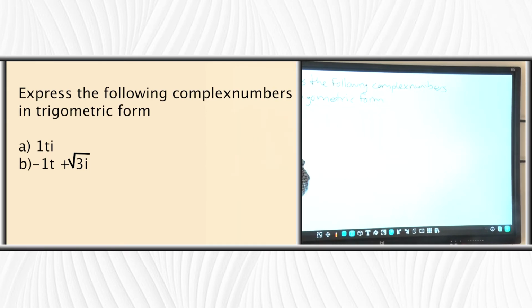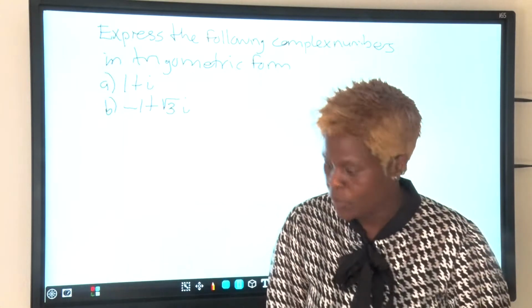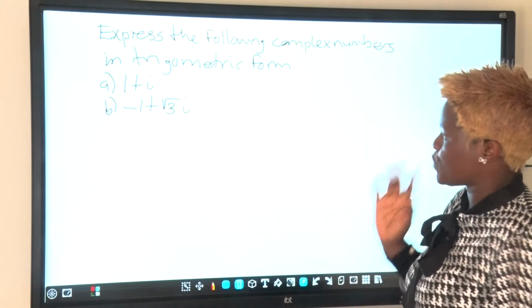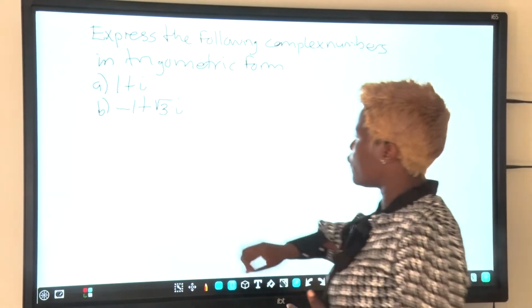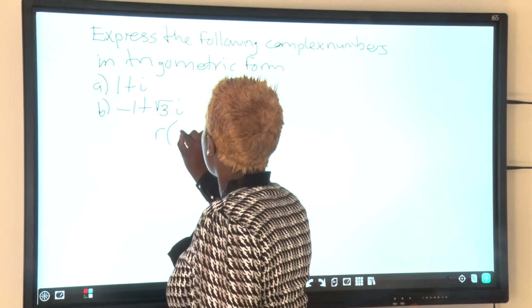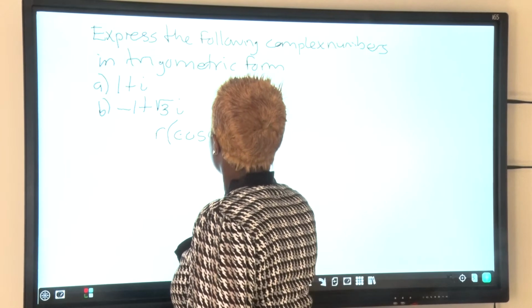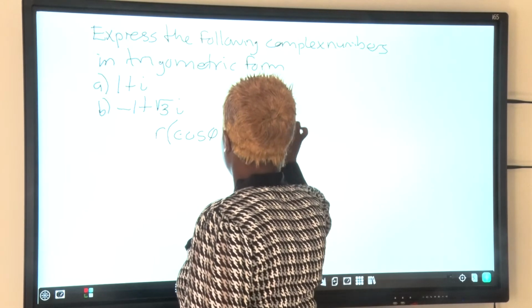We have A: 1 plus i, B: minus 1 plus square root of 3 i. Let's first look at this one. We want to express it in trigonometrical form, and that form is r cos theta plus i sin theta.